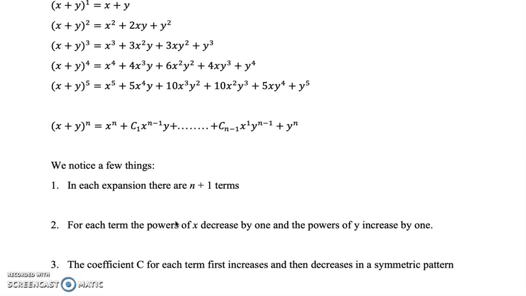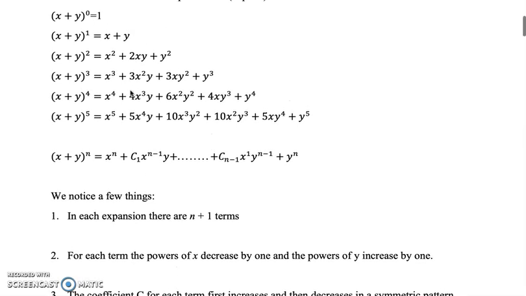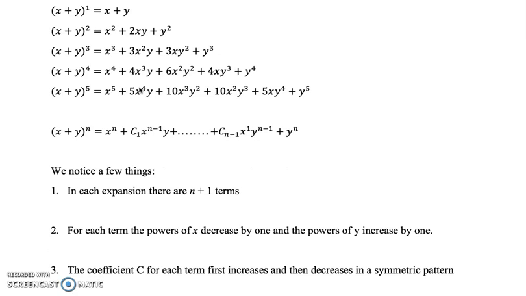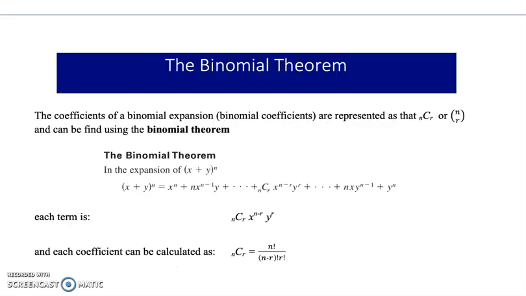We also notice that there is a coefficient in front of each term, and the coefficients start easily with 1. We see 1 here, and then we go up in coefficients that increase and then decrease in a symmetric pattern. So the coefficients of a binomial expansion, or binomial coefficients, are represented in the way that we see here.